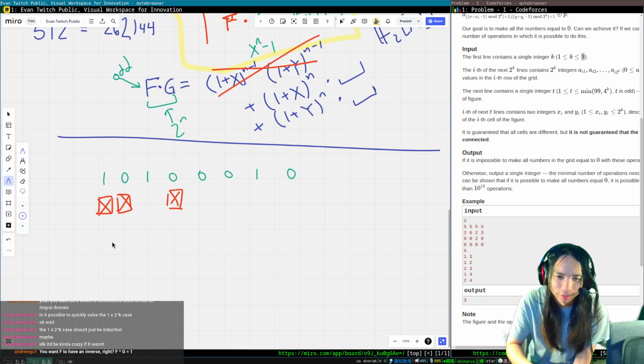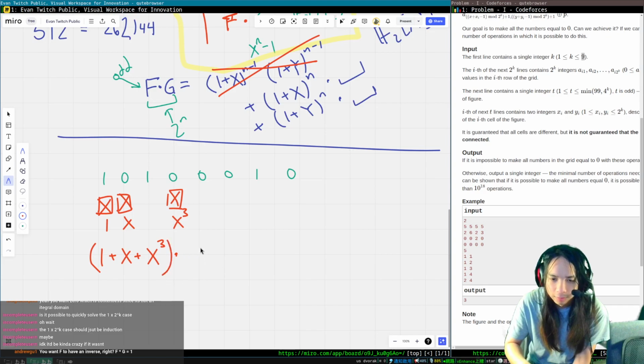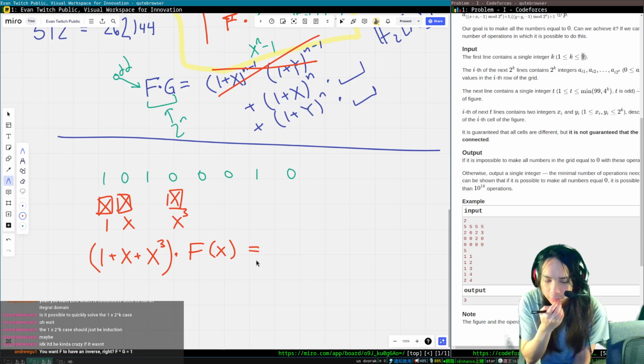Yeah, so let's do this 1D case. Let's do the generating functions properly. I want to show that 1 plus x cubed times something is going to be in modulo.